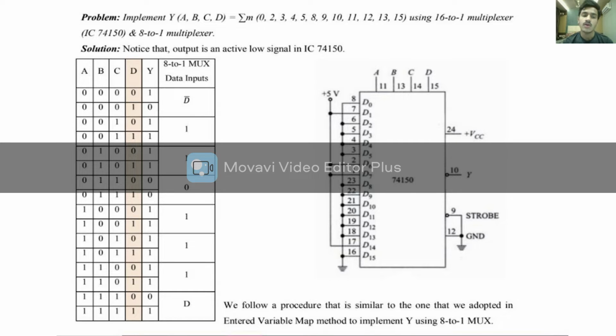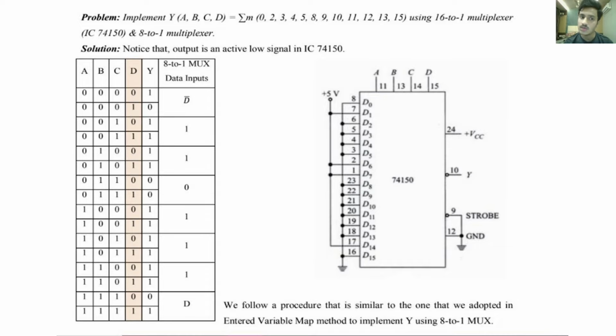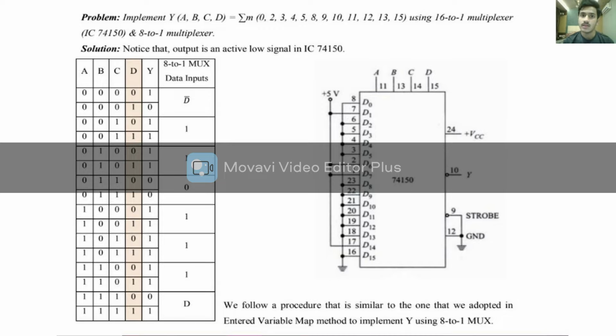Wherever the output is 1, it is connected to VCC, that is plus 5 volts. All the zeros, that is the low outputs, are connected to ground. Y is the output of the IC and Y bar is the complement of the output, which we have grounded. The complement of the output is not required for us.